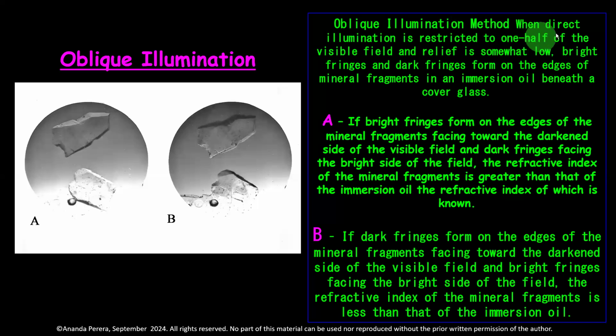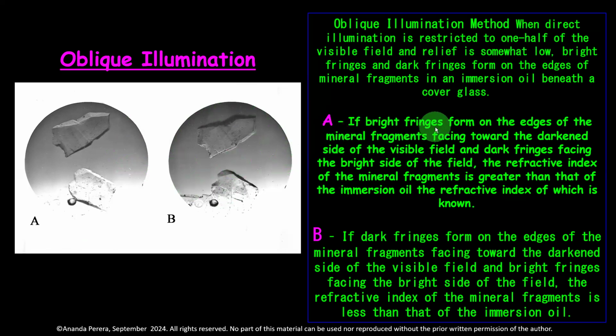The oblique illumination method is when direct illumination is restricted to half of the visible field and relief is somewhat low. Bright fringes here, dark fringes. Bright fringes and dark fringes form at the edges of mineral fragments in an immersion oil beneath a cover glass. It is inside the immersion oil. A and B, the difference we are discussing here.